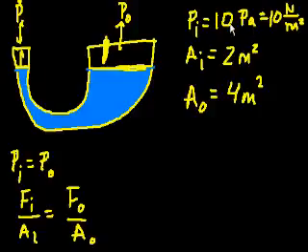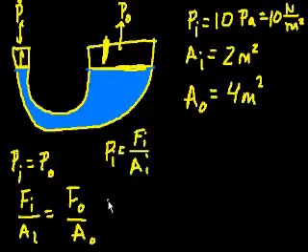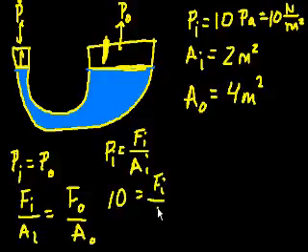So first of all, I told you what my input pressure is. What's my input force? Well, input pressure is equal to input force divided by input area. So 10 pascals is equal to my input force divided by 2. So I multiply both sides by 2. I get input force is equal to 20 newtons.